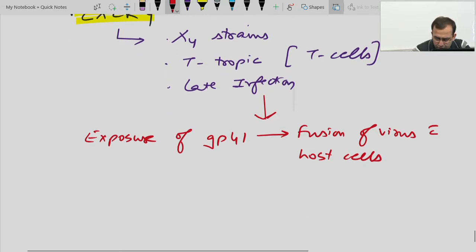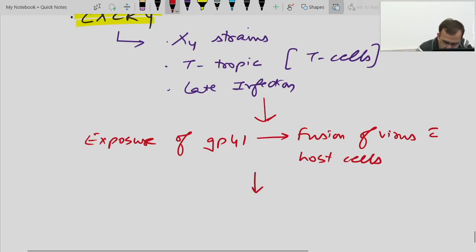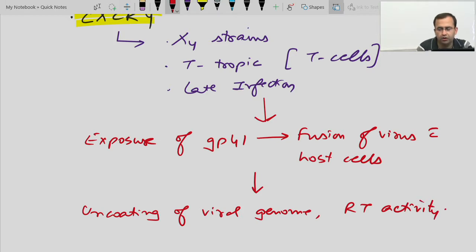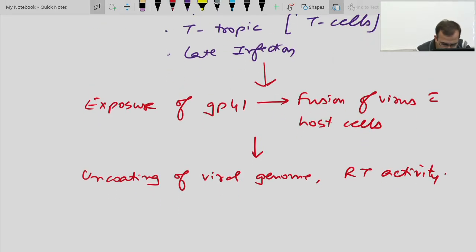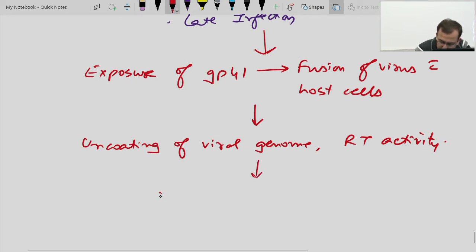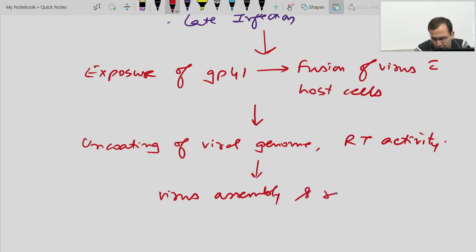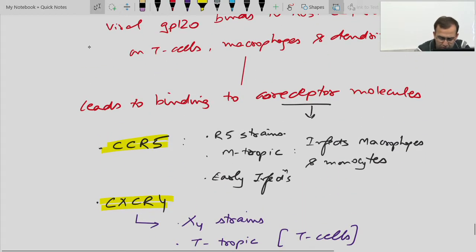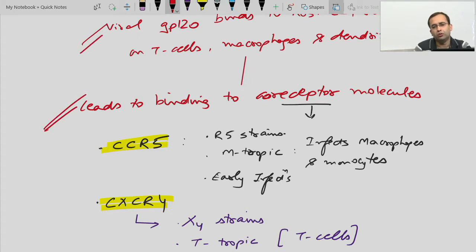Once the virus fuses with the host cells, there is uncoating of viral genome, reverse transcriptase activity, virus assembly, integration with host genome, and replication. I am not much interested in these steps. The main steps that I was very interested in were the initial 2-3 steps.